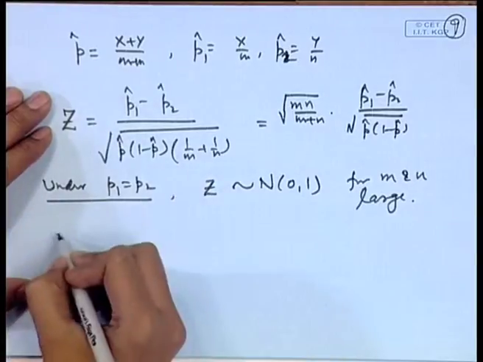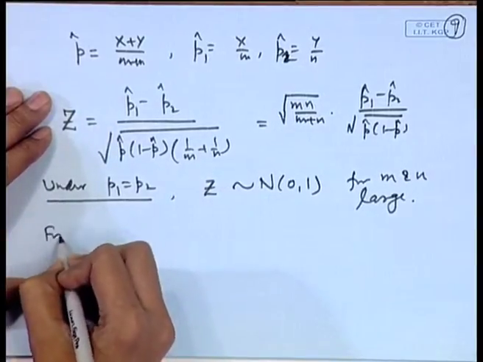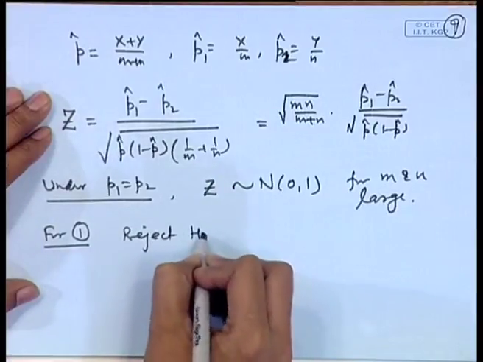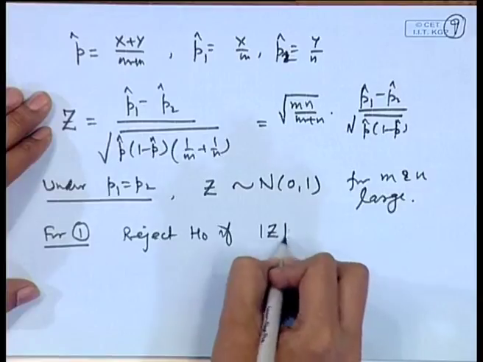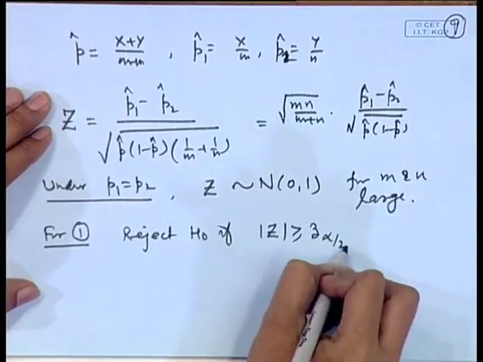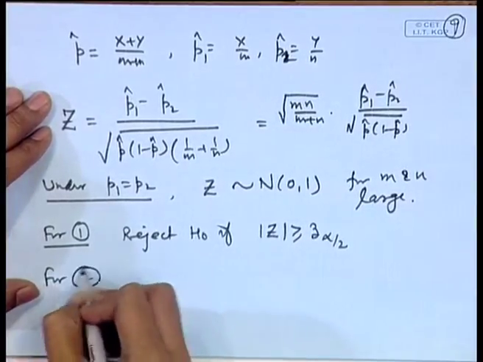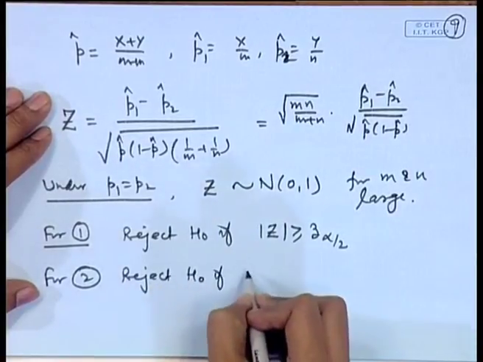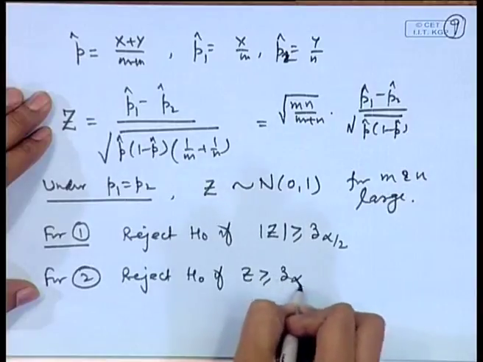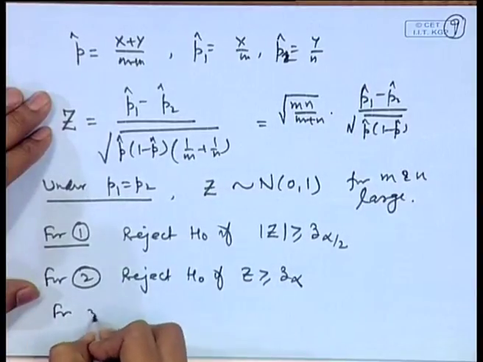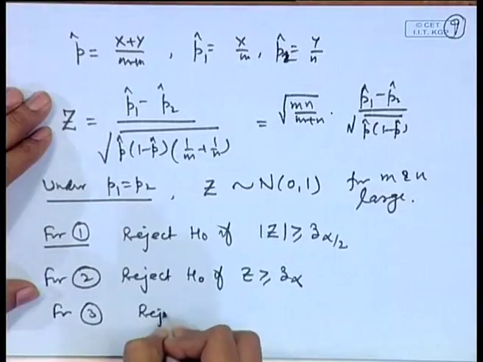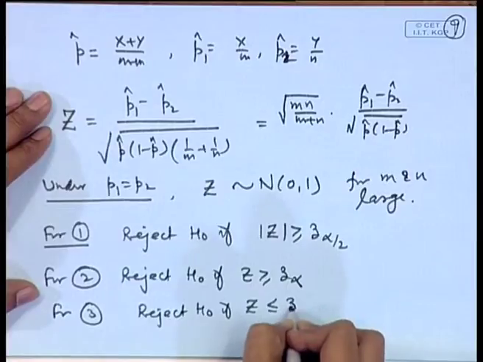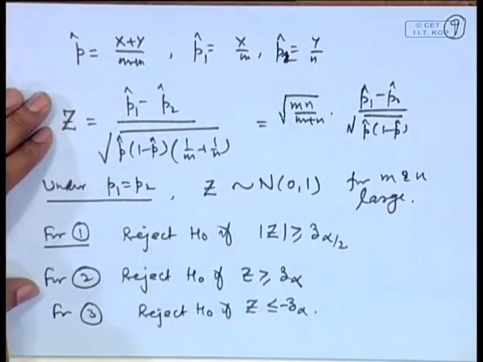So, we may make a test based on this. For 1, reject H0 if modulus Z is greater than or equal to z alpha by 2. For 2, it will be reject H0 if Z is greater than or equal to z alpha. For 3, reject H0 if Z is less than or equal to minus z alpha.